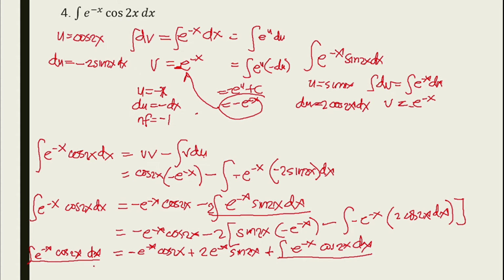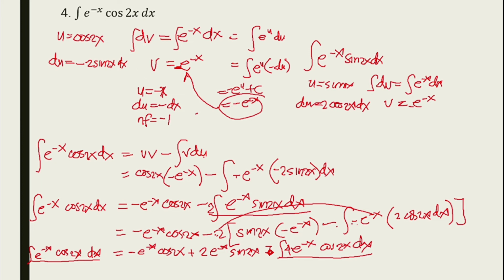So we have 2, distribute 2 here, and still we have 2, so therefore this is negative, negative, and this is negative, so therefore this is negative 4 e raised to negative x cos 2x, because negative 2 and negative 2 times negative is positive, and this is negative times negative, that's negative.